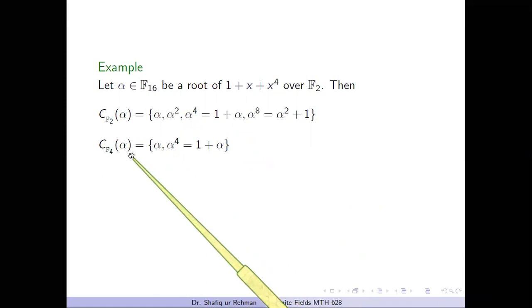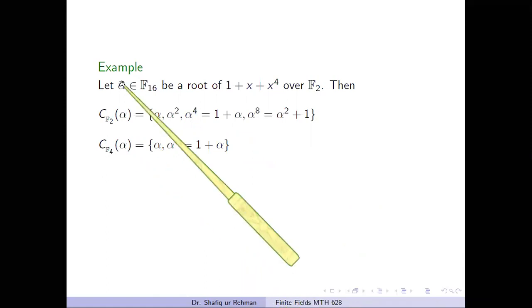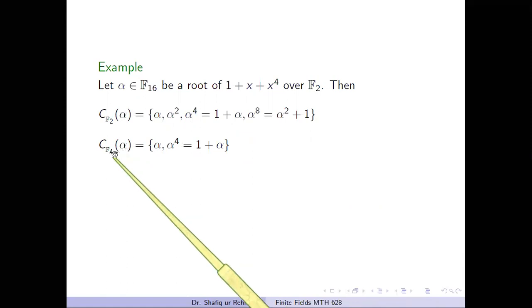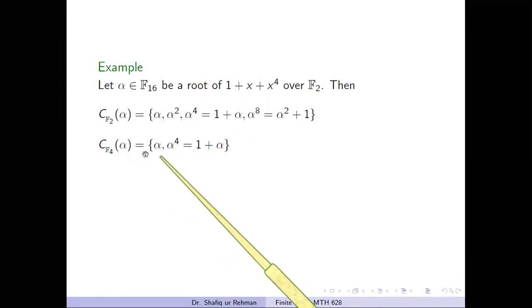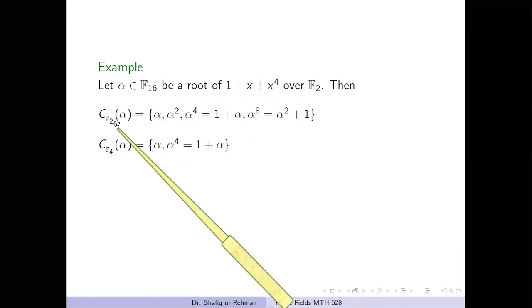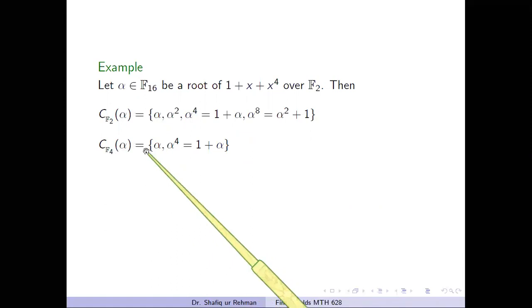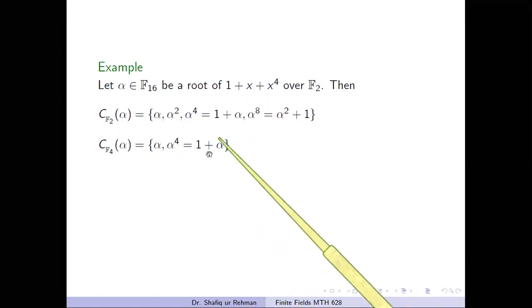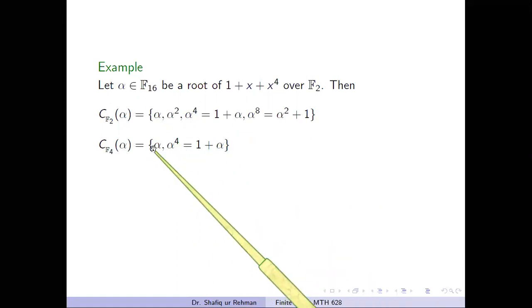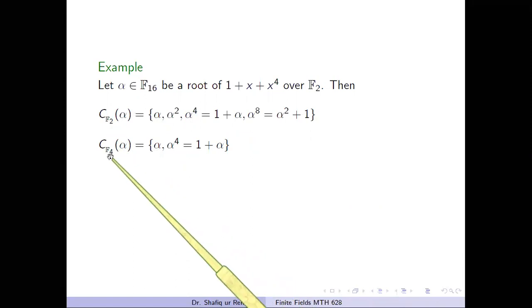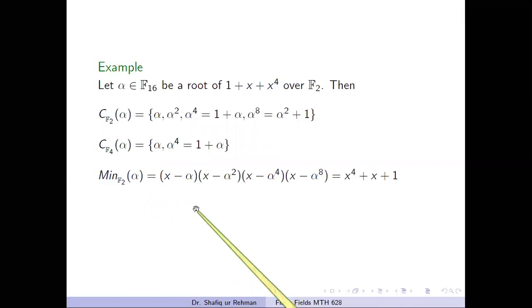And this is an important fact: if we find the set of conjugates of alpha over F4, then we get alpha, then we change the power. Here we start from power 2, and here we start from power 4. Alpha power 4, then alpha power 4 square is 16, again we get alpha. So this is a difference. We consider this ground field for taking powers.